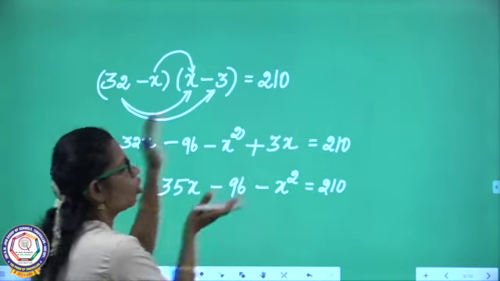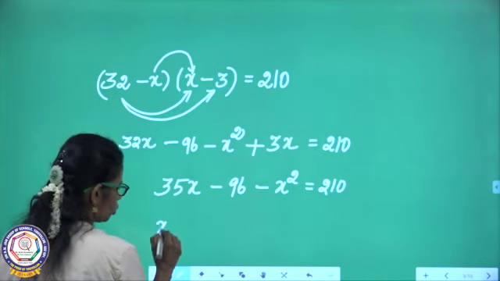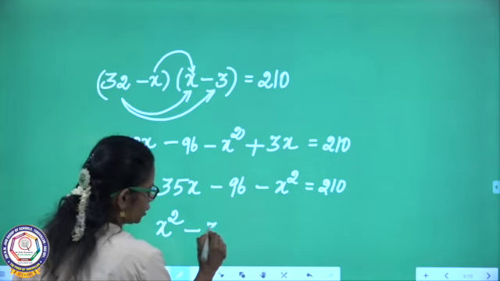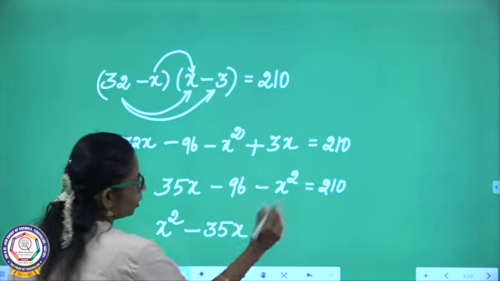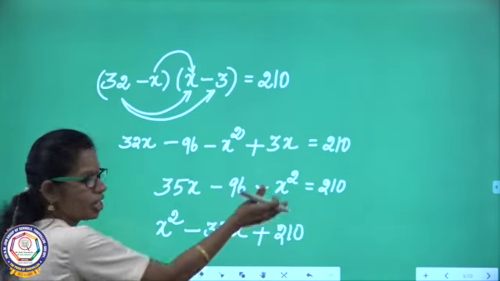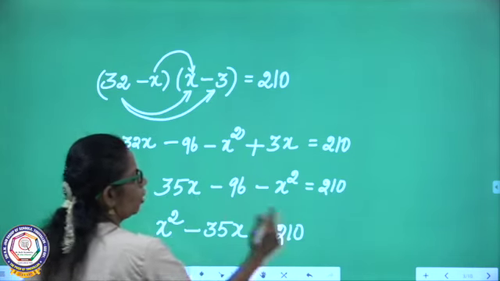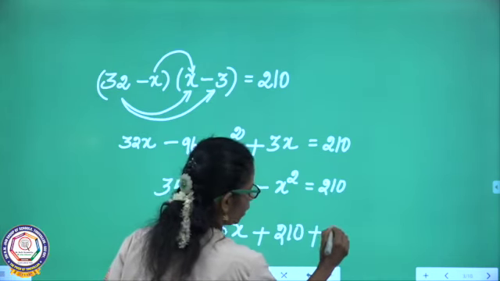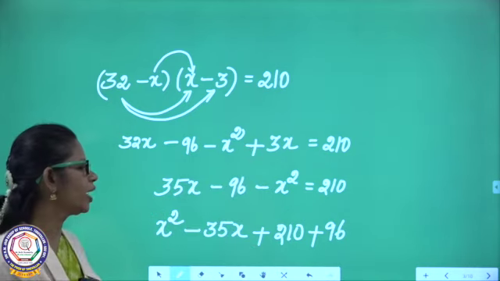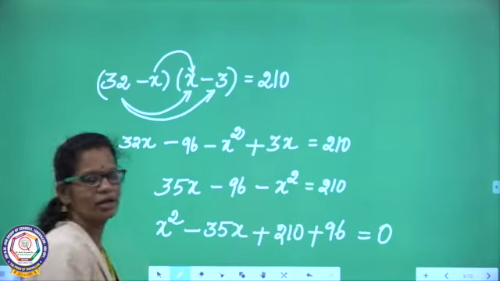Then you shift all the terms to the opposite side, right? Now x square minus 35x plus 210, because you are shifting the left hand side to the right hand side, the positive becomes negative, the negative becomes positive, so minus 96 becomes plus 96 equal to 0, right?